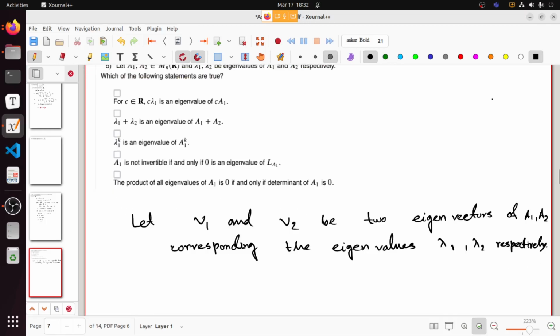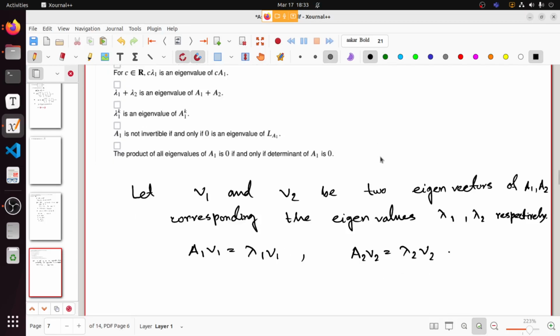Right. So this means that A1 B1 equals lambda 1 B1 and A2 B2 equals lambda 2 B2, right? Then you have to check that for c belonging to R, c lambda 1 is an eigenvalue of cA1.